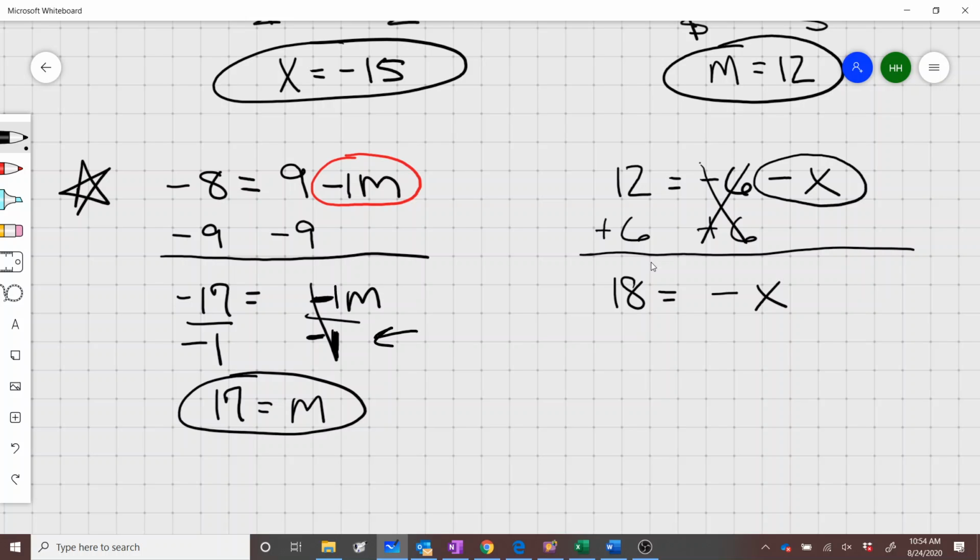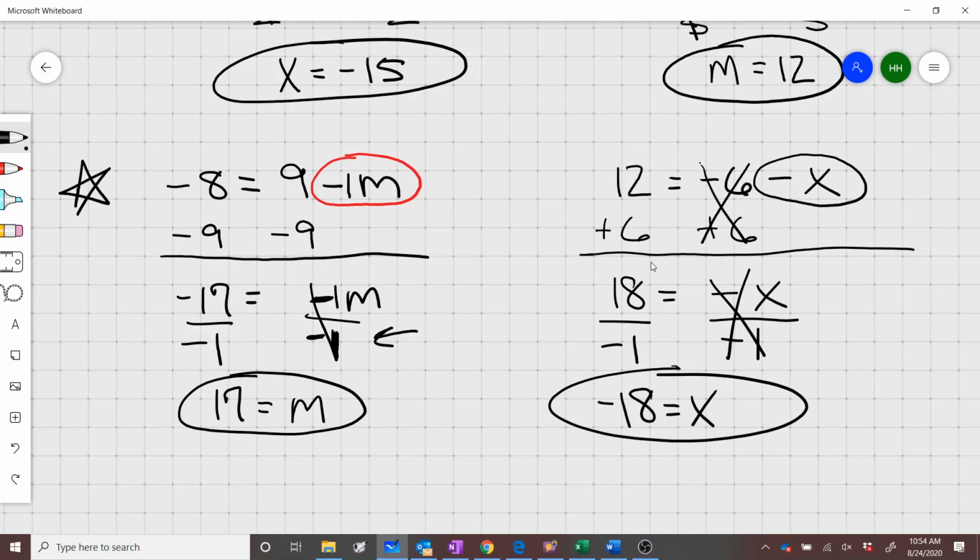So over here, what do we divide by? We divide by negative 1 because there's a negative 1 in front of that x, but it's not written. So we divide by negative 1. That makes the positive 18 a negative 18 because a positive divided by a negative is a negative. So we got negative 18 equals, this goes away. You're just left with the x.